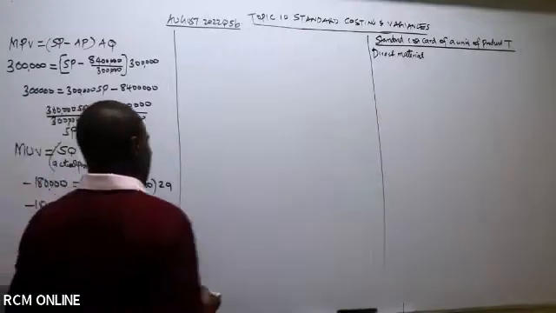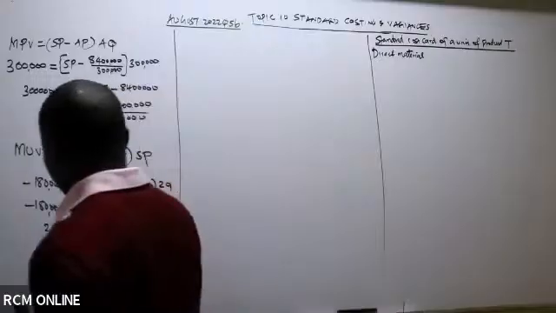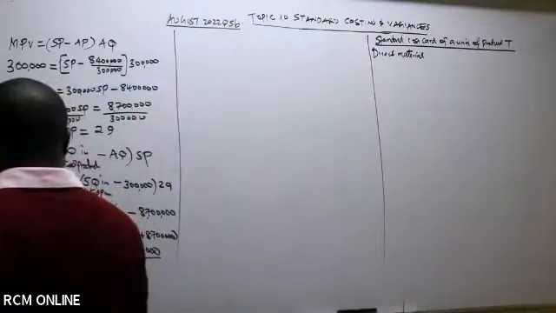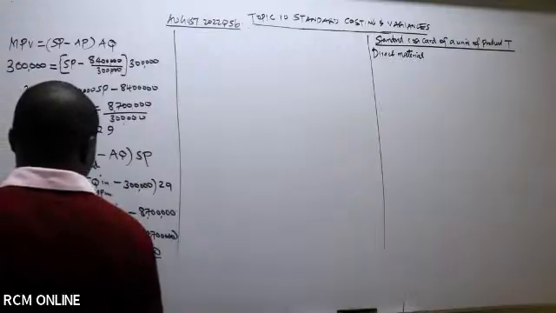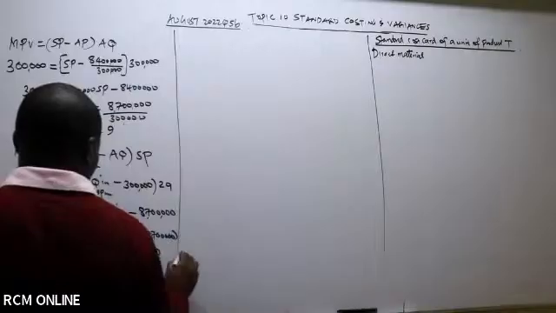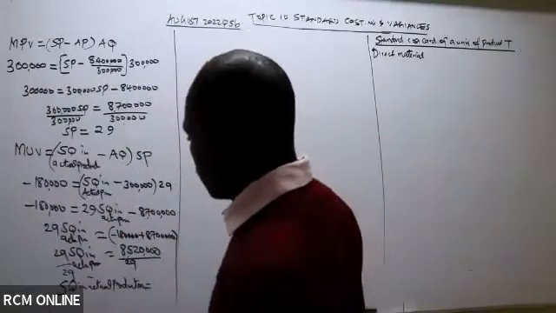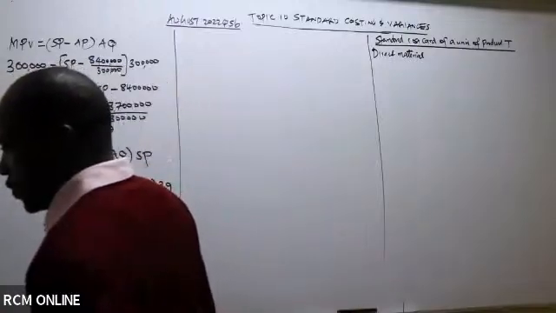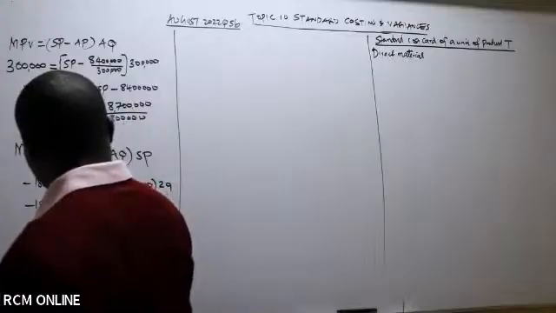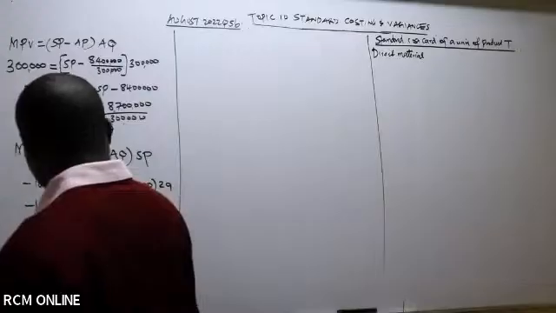Standard quantity in actual production. What are we getting? 293.793.